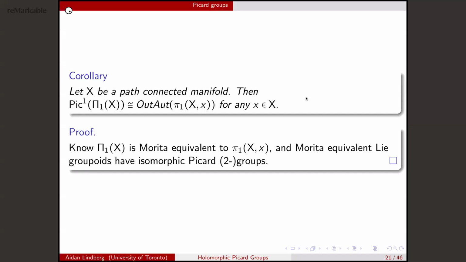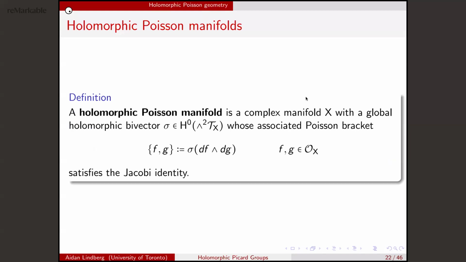Okay. Now to completely change gears and talk about some examples coming from holomorphic Poisson geometry. Those of you who don't know, a holomorphic Poisson manifold is a complex manifold X. So it's like a manifold, but instead of looking like real Euclidean space, it looks like C^n for some n, together with some global holomorphic bivector field.